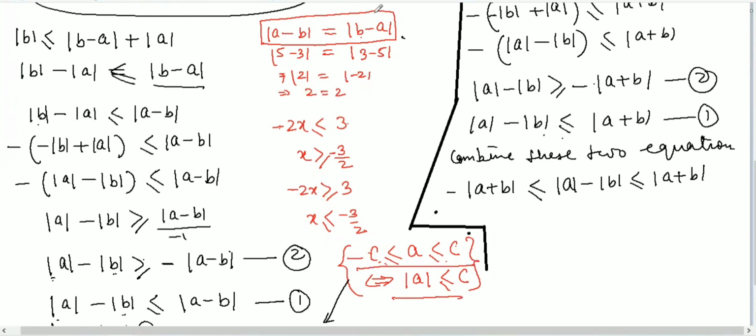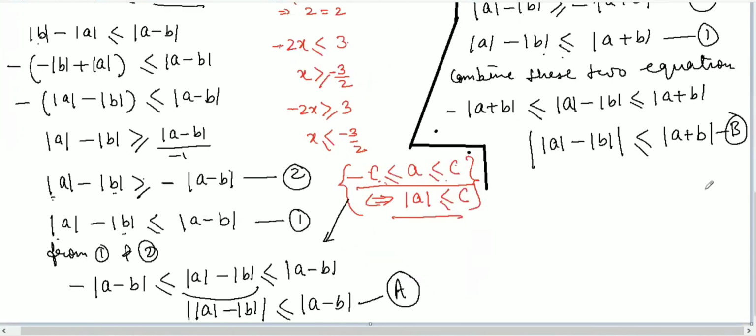So this will become the absolute value of A minus the absolute value of B will be less than or equal to the absolute value of A plus B. This is your equation B.